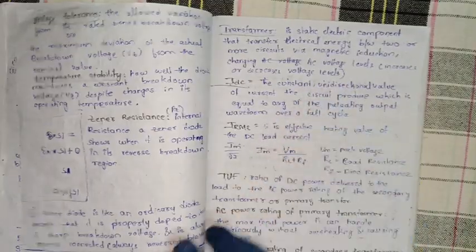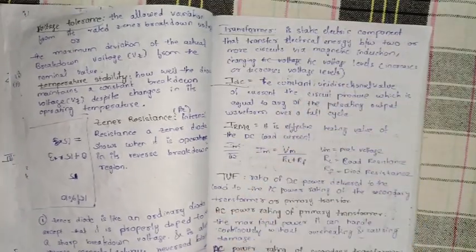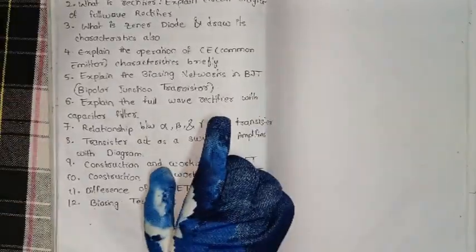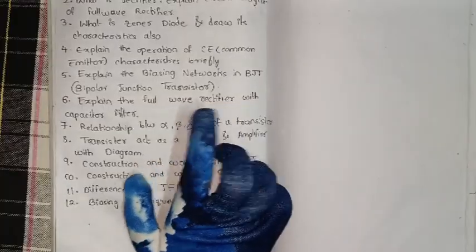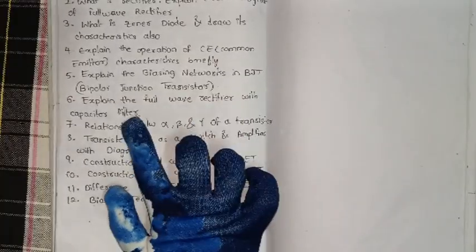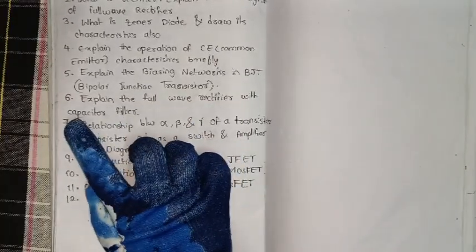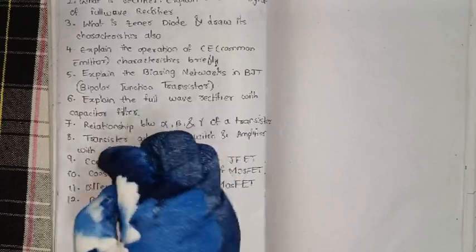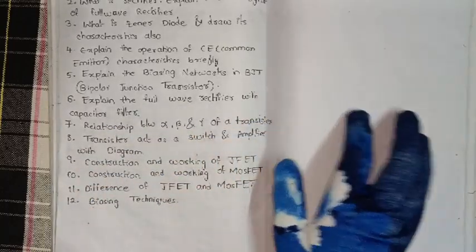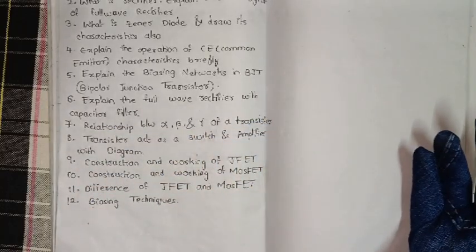Then we will see what is a rectifier, what is a full wave rectifier, what is a filter, what is a capacitor, what is a capacitor filter, and then its working, and some other topics also.